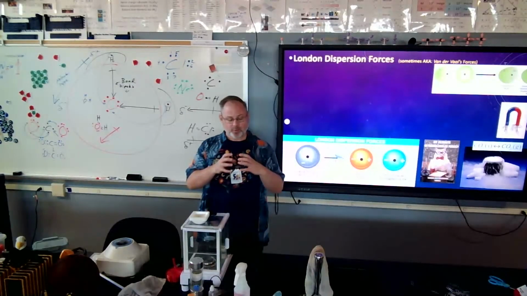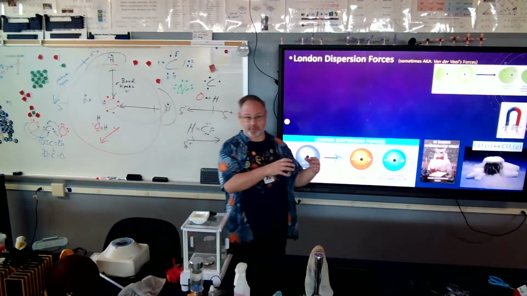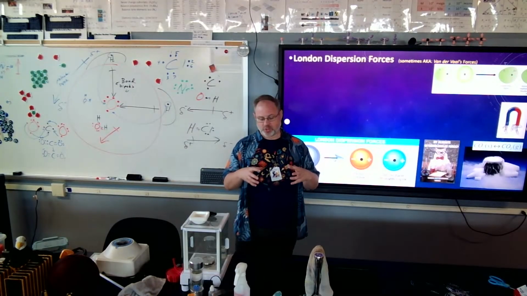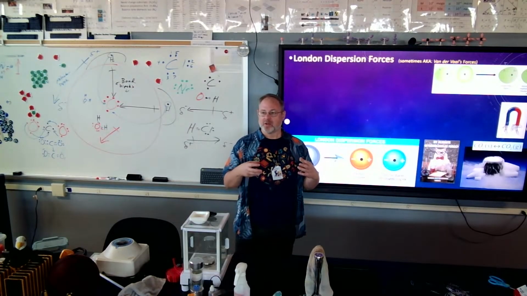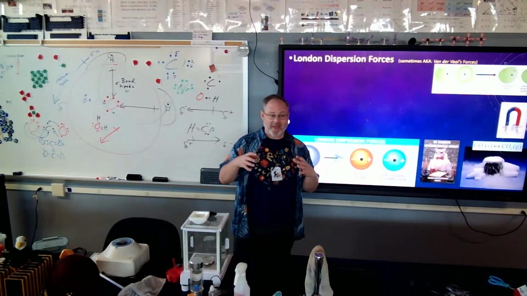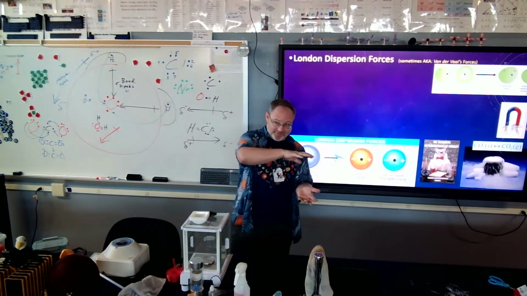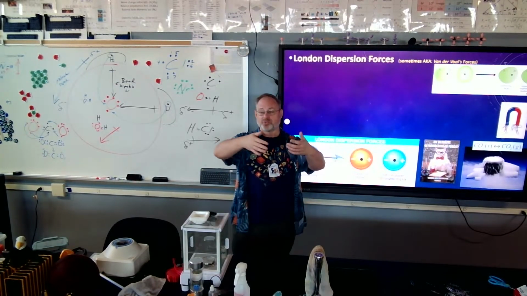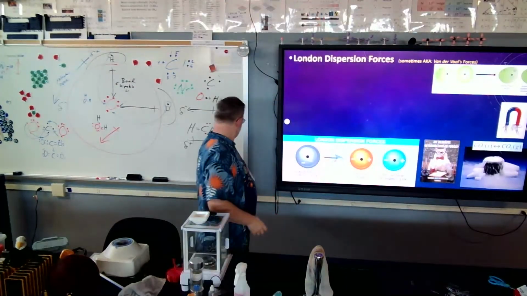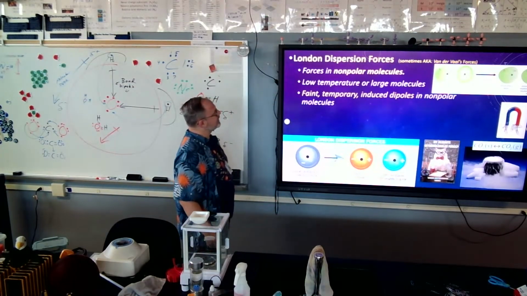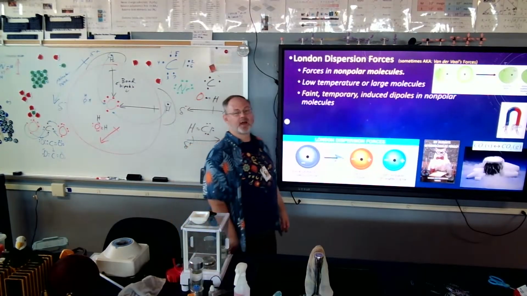And that dipole propagates through the other materials. So you have a bunch of nonpolar molecules, they're chilling out, they're not interacting, but then something comes along and induces a dipole, basically makes the electrons pile up on one side, and that dipole spreads through the material. And that's what we call a faint, temporary, induced dipole.